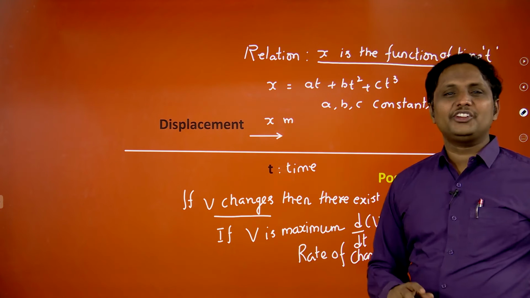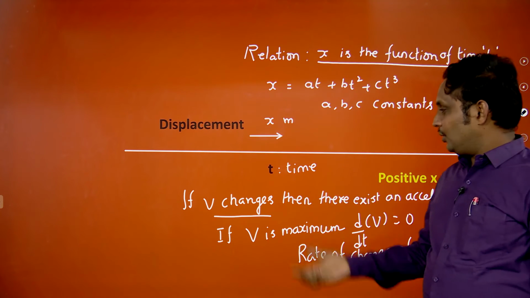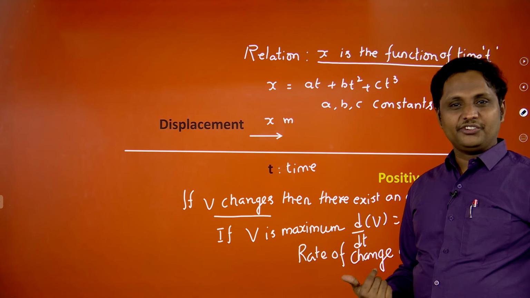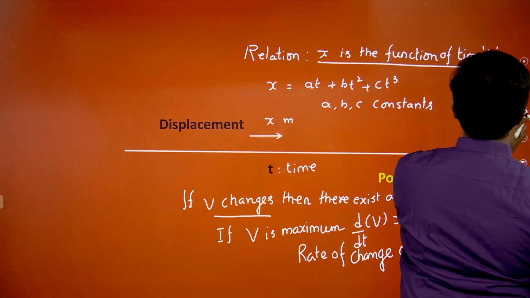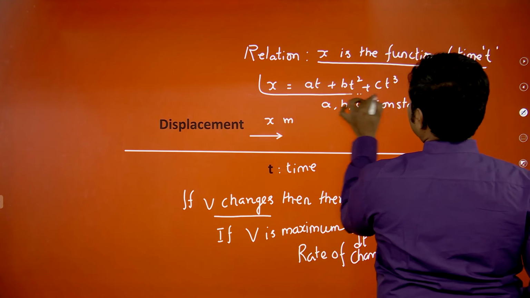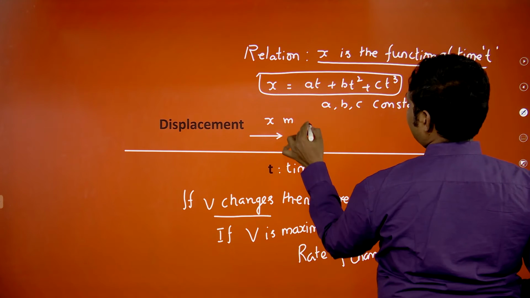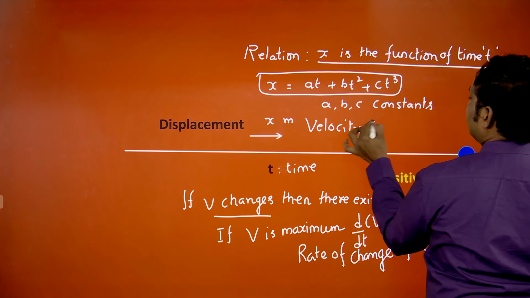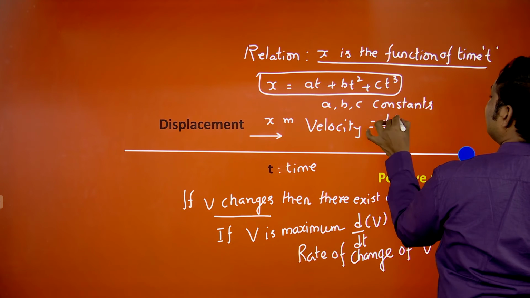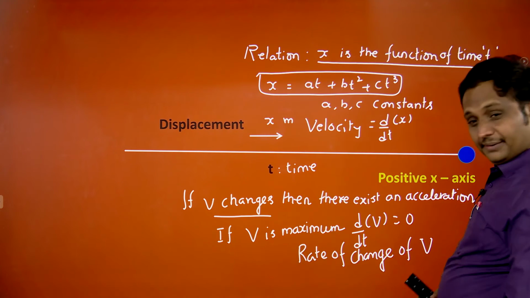All right, everyone has to remember this one. In entrance examinations, you are supposed to answer these types of questions. So it is very clear, they have given it in this way. You will find out that velocity is equal to d by dt of x. It's very clear.